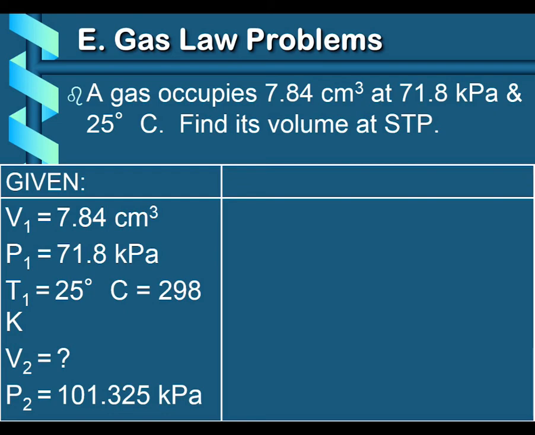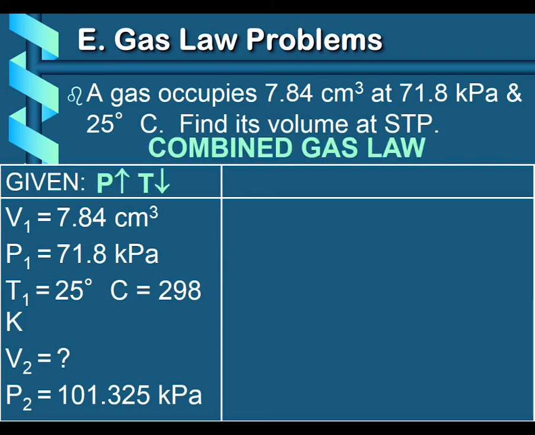And you can't see the standard temperature, it's come off the side over here, so I will write it. Again, that Kelvin should be right there. T2 is standard temperature, which is 0 degrees Celsius or 273 Kelvin, once you add your 273 to 0. Now we're ready to work this out.